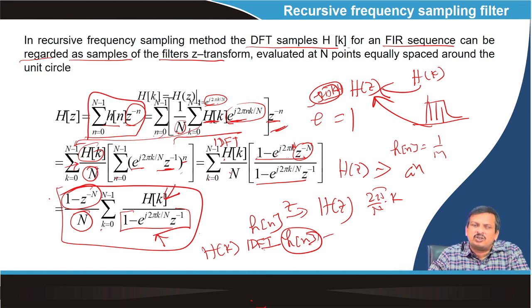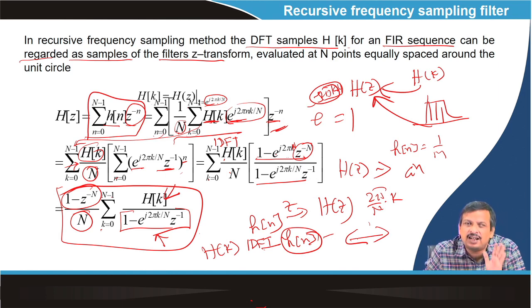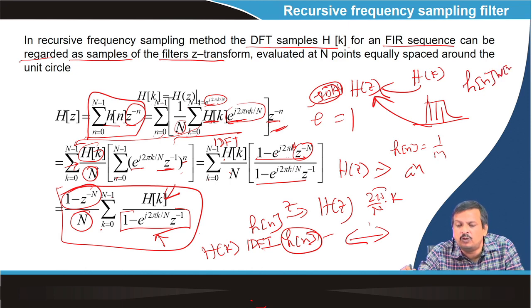Is it clear? So this way I can implement frequency sampling methods for FIR filters. First I explained window methods. Using an algebraic function, I calculate h of n, multiply with w(n), and then convolve with x of n to get the filter output.